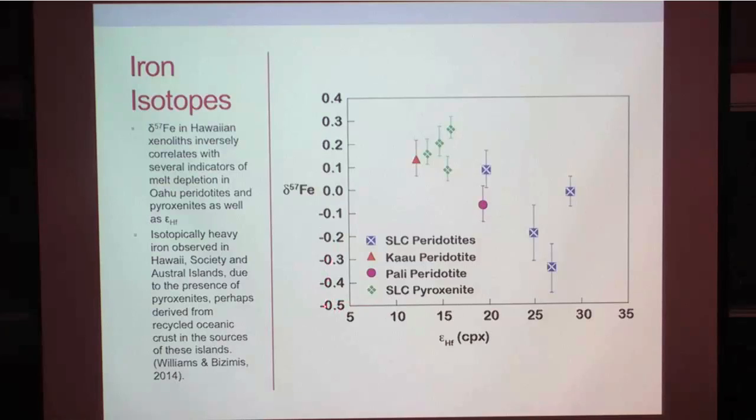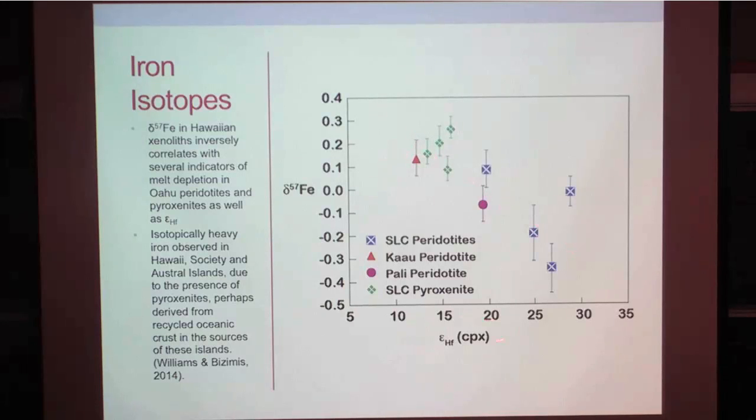Notice that here the fractionations are quite small. These are in peridotites, garnet peridotites, and pyroxenites from Hawaii. And we see some significant variation in the iron isotopic composition, somewhat surprising. When people first started doing iron about 15 years ago, they couldn't see anything in the solid Earth. Everything they measured was the same, but precision increased to the point where you now see some variation.